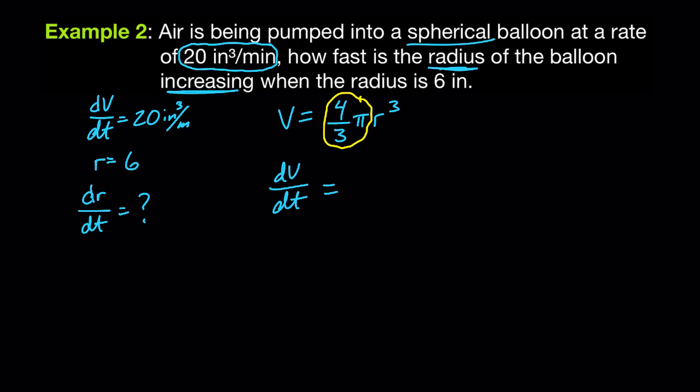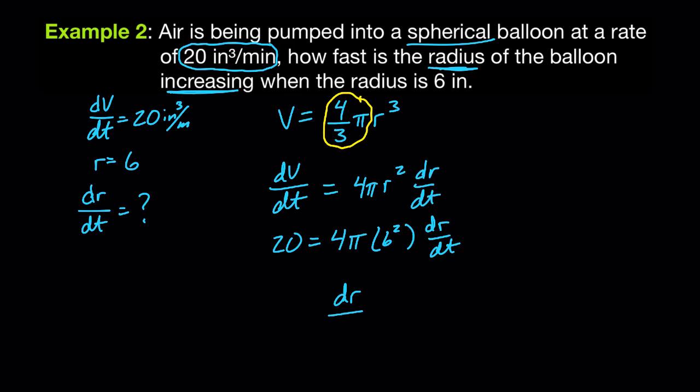Bringing the 3 to the front will cancel with the third, giving us 4 pi r squared times dr/dt, which is the chain rule part of this. Substituting in, we get 20 equals 4 pi times the radius, which is 6 squared, times dr/dt.